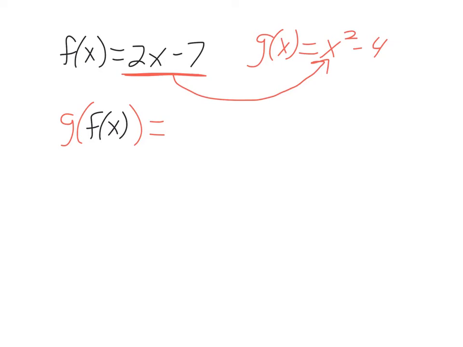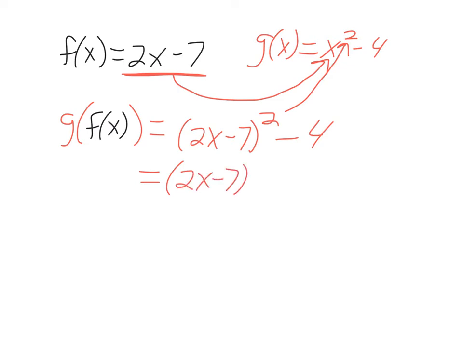So it's going to look like this, 2x minus 7, and I have to square it because that's what that says. It says whatever you put in for that x, when you slid that x out and slid something else in there, you need to square that. Then I have my minus 4. Alright, 2x minus 7 squared means 2x minus 7 times 2x minus 7, and then I have my minus 4.